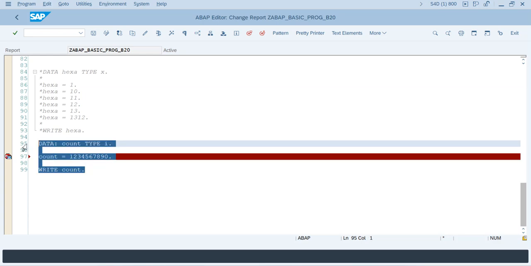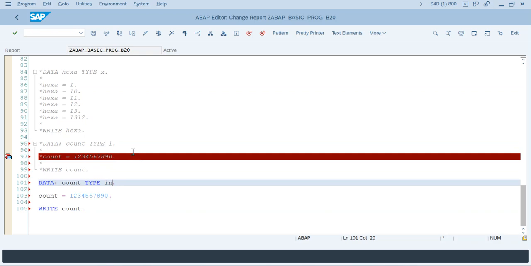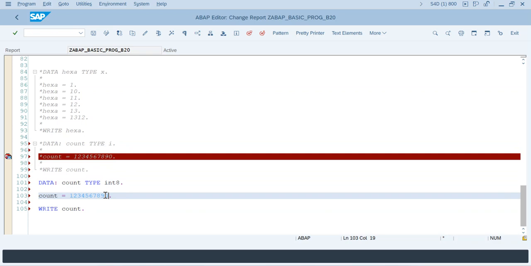Okay, so let me comment this, and INT8, this is a new data type introduced. Let's say another 9 numbers it can store because of additional memory. Check for an error and then activate.